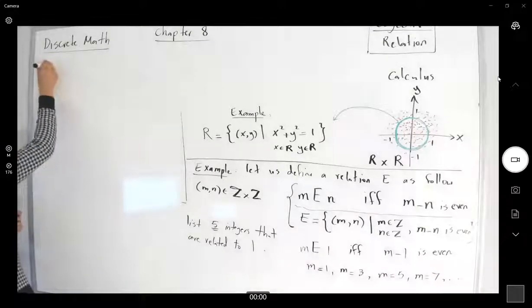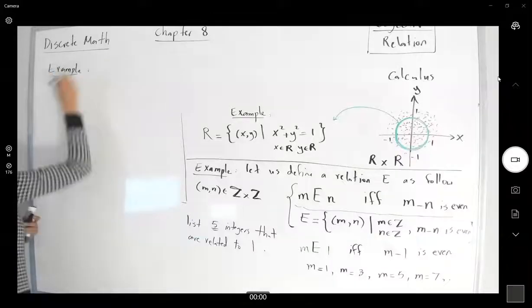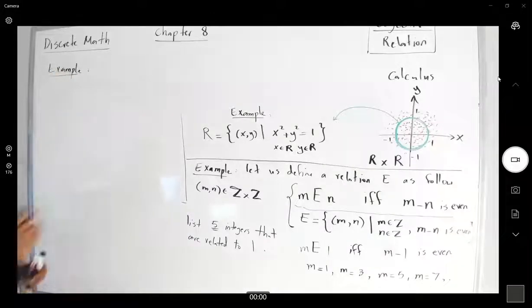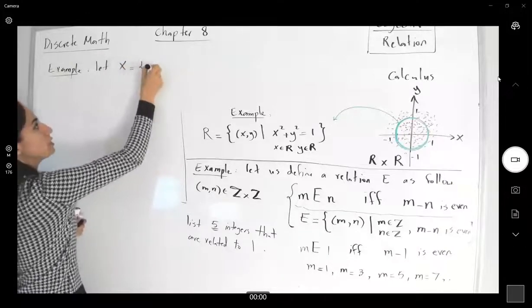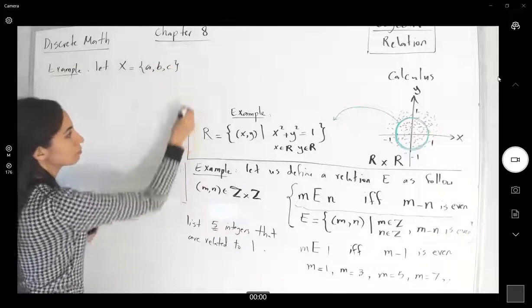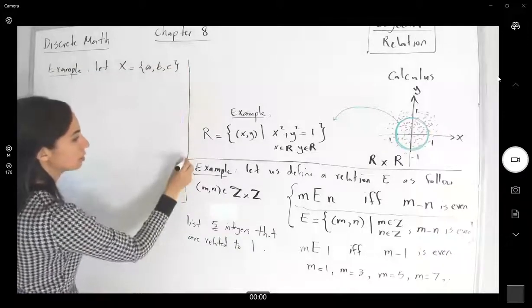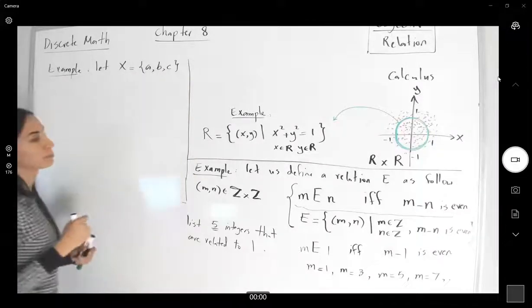This example says, well, let X be the set including A, B, and C. It means that the cardinality of this set is equal to 3.